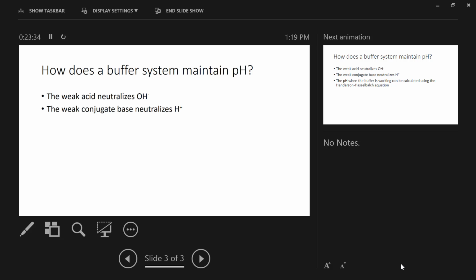HCl is a strong acid, so it's going to fully dissociate. The arrow's not pointed in both directions, it's only pointed to the right. It's a strong acid, HCl. So it fully dissociates. If we add this to our buffer system, we're going to get excess hydrogen ions.